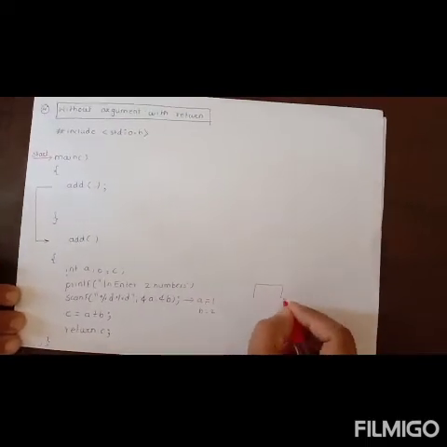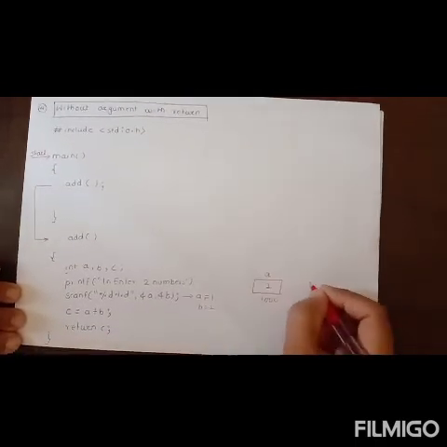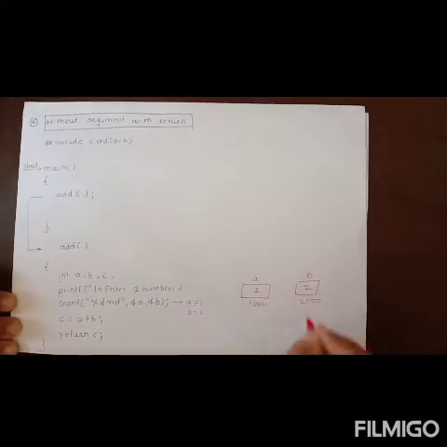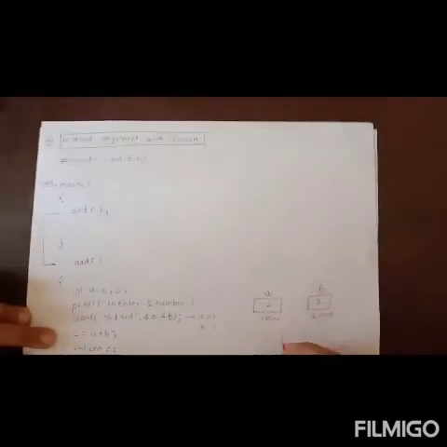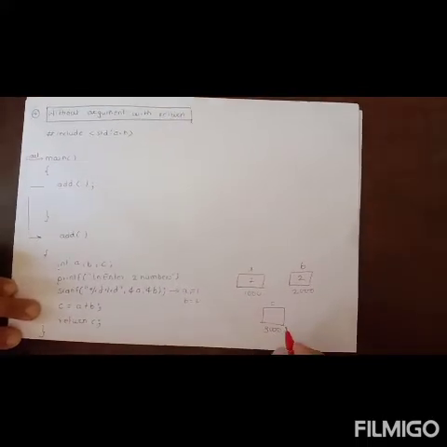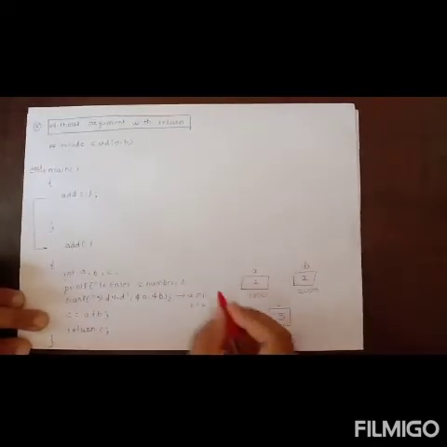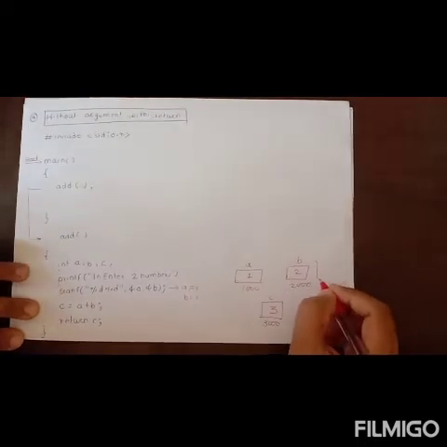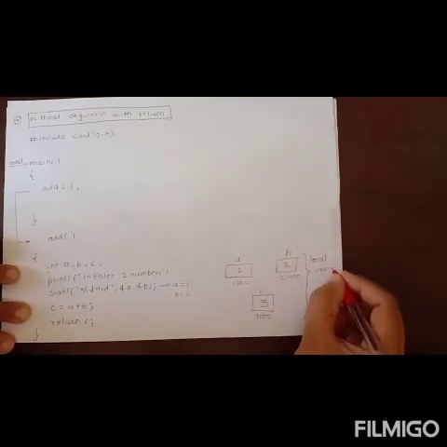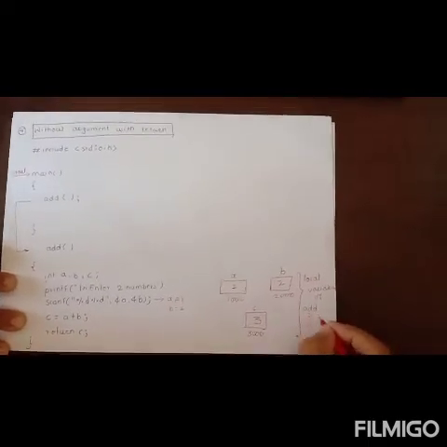So similarly I'll draw the diagram. a is initialized with 1, b is initialized with value 2, and for memory we assume 1000 and 2000. Similarly now c is also there, with memory 3000, and after performing this addition operation the result in c is 3. Now these a, b and c are what? These are now local variables of your add function.